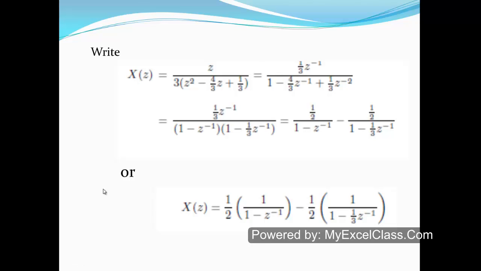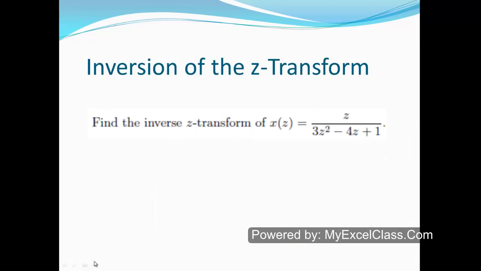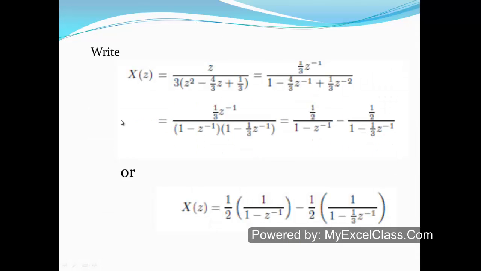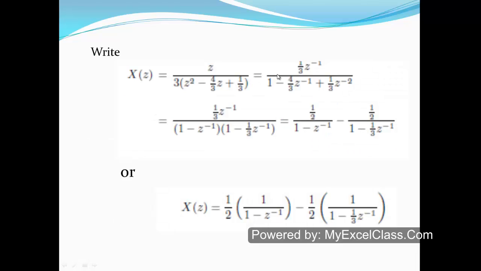Just to give you a revision of how you do that, basically you are simplifying this equation by taking 3 from the denominator as common, dividing all the values in the denominator by 3, and you get to this stage, and then to this stage, 1 by 3 z minus 1 over 1 minus 4 by 3 z minus 1 plus 1 by 3 z minus 2.